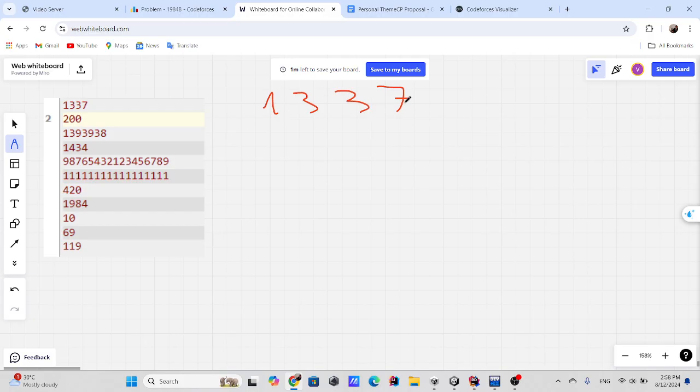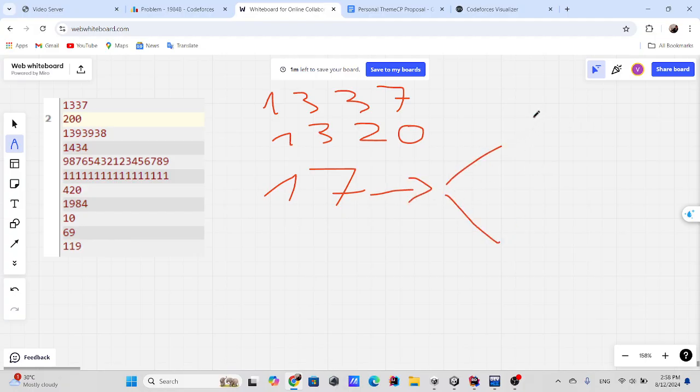For 17, we can achieve 17, and it will be 1 through 20. 17 can be split into two large numbers, absolutely.